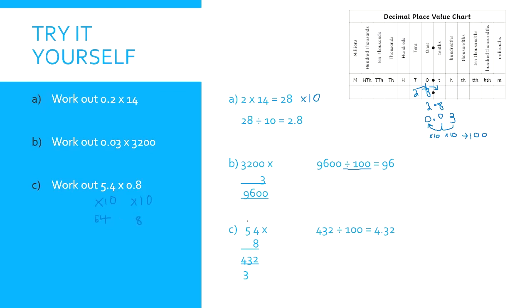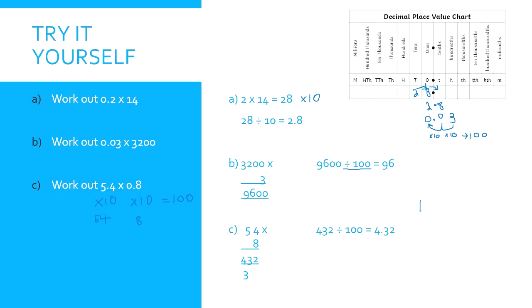I can now do 54 multiplied by 8, which, with my workings down here, gets me the number 432. Because I multiplied by 10 twice, and I know that 10 times 10 is the same as 100, I need to do the inverse to find out what the answer to this decimal multiplication would be. As a result, I do 432 divided by 100.